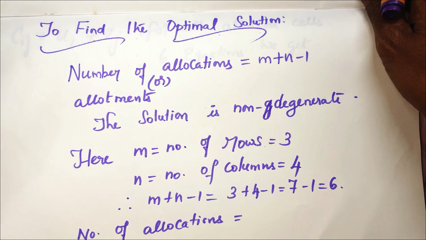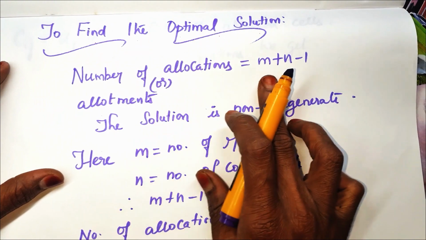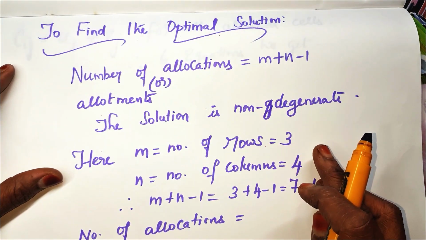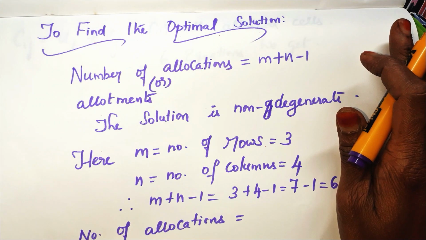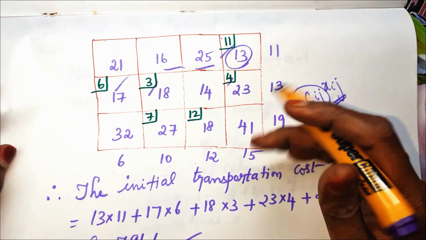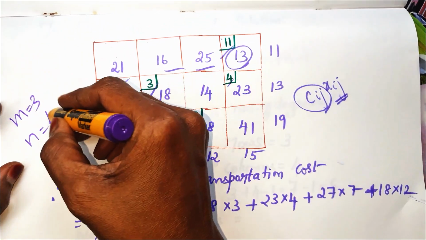Okay. Before going into the optimal solution, first we have to make sure the number of allotted cells, that is allocations or occupied cells, is equal to m plus n minus 1. Here m is the number of rows and n is the number of columns given in the problem. What is the number of rows here? m is equal to 3 and n, the number of columns, is 4.